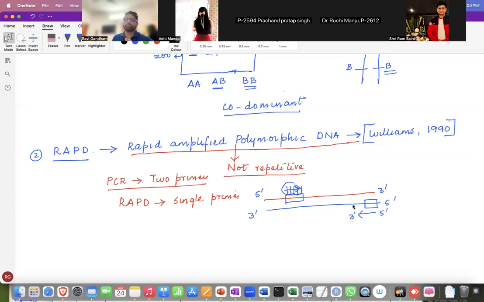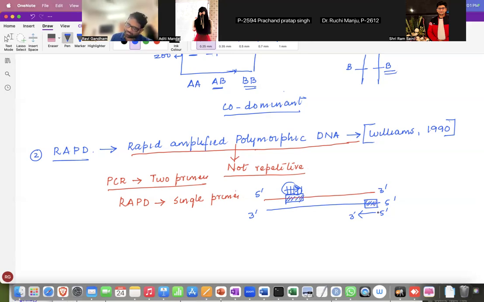So they are defined primers already. Once again, I'm repeating this. The primers are so designed that you have a segment of DNA here that is in the reverse direction in the opposite strand.